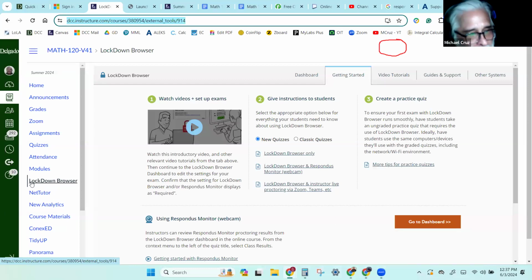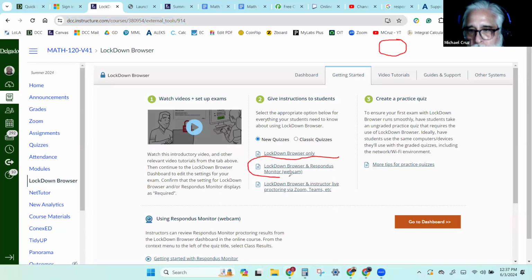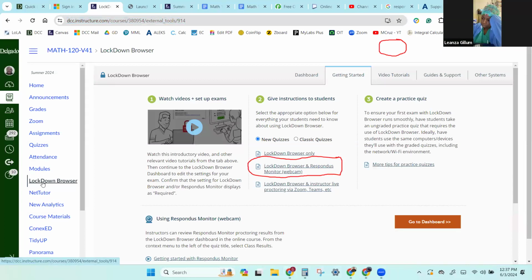So they are right that it's in there. It's just that for some reason it didn't put it in the quiz that I created. And then you want this one here. So I don't need a link to this. It's just in Canvas, go down to lockdown browser.